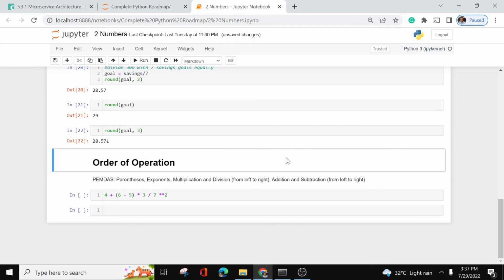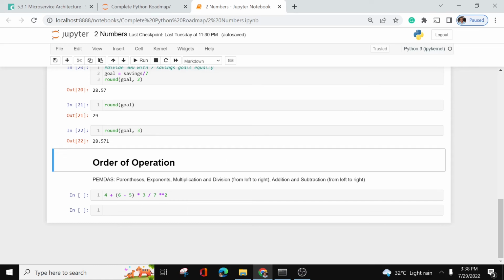And don't forget this is always from left to right, from here going here, not from right to left. Addition and subtraction are also from left to right. So whatever comes first, addition or subtraction, don't forget this. If subtraction comes first before addition, then of course it's subtraction that will be done first, right?